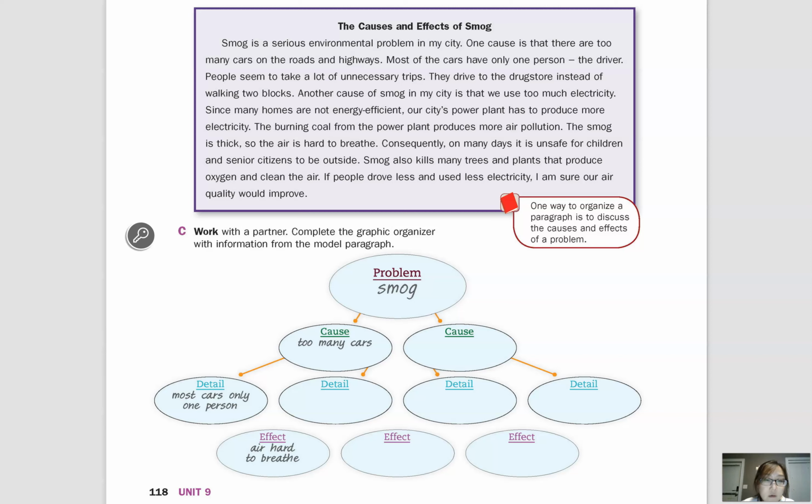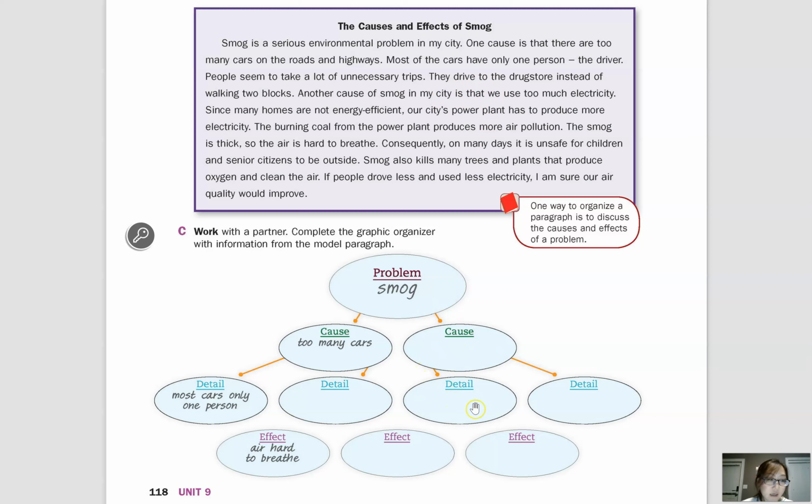Okay, so let's look at the second detail for the first cause, and we can say just unnecessary trips. Unnecessary trips, so you can see that here. And then the second cause is we use too much electricity. Right here, we use too much electricity. You can also take out we, and you can just say use too much electricity.